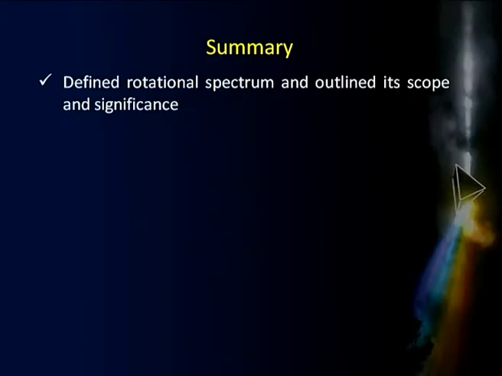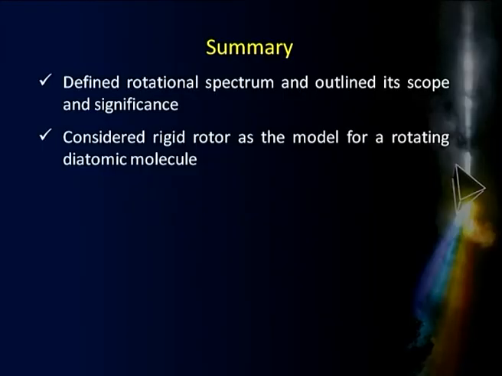Let us quickly sum up what we have done today. We have defined rotational spectrum and outlined the scope and significance, that is, in terms of what we do with the spectrum. If I get a spectrum, what kind of information can I get about the molecule? Thereafter, we took the rigid rotor as a model for a rotating diatomic molecule. We will come down to that, that it is not a correct model, in the next session.